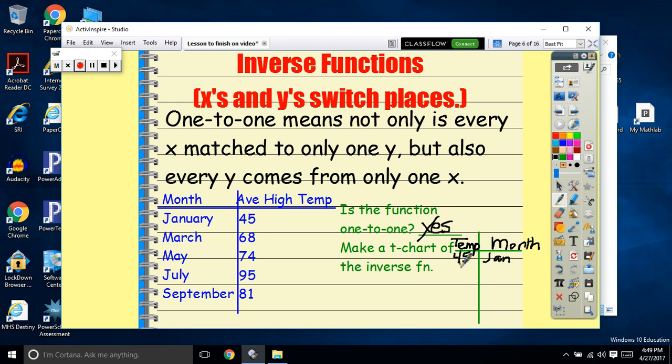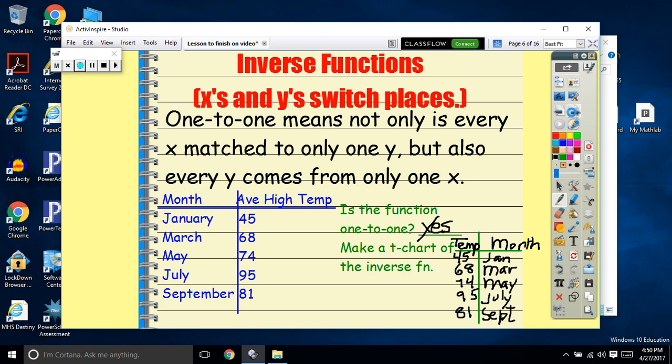And then I'll have 68 March. I'll have 74 May. I'll have 95 July, and I'll have 81 September. Forgive me for the writing being crazy looking. Again, though, I'm trying a new technology to try to make it a little easier.